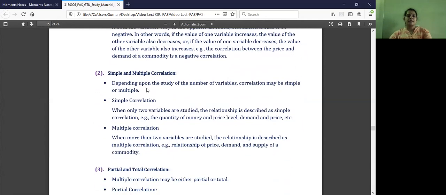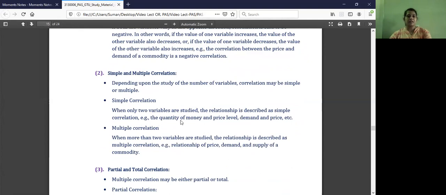Next is simple and multiple correlation. Depending upon the number of variables studied, correlation may be simple or multiple. The first is simple correlation. When only two variables are studied, the relationship is described as simple correlation.